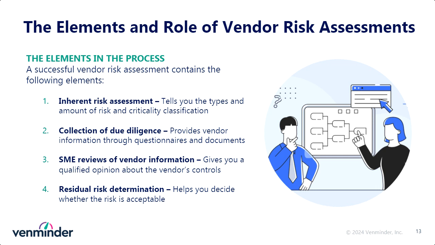SME reviews are the third element that will give you that qualified opinion on whether the vendor's controls are effective. And the last element is the residual risk determination, which is basically the leftover risk once the inherent risk is mitigated. I'll explain this in more detail later on, but just keep in mind that residual risk will always be equal to or less than the inherent risk.